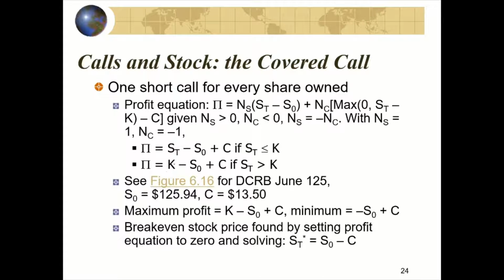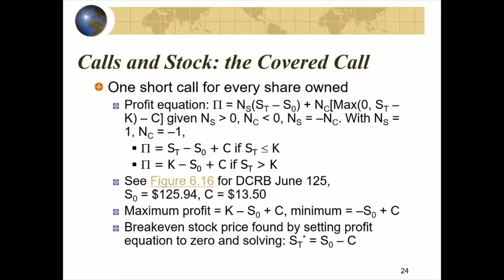Because I'm going to receive K, the strike price, and I paid S0 to buy the stock, and I received the premium from shorting the call option, so that will be my profit. If the option expired out of the money, then I have to sell the stock at whatever the price available in the market, minus the price I paid for owning the stock, plus the premium I received.